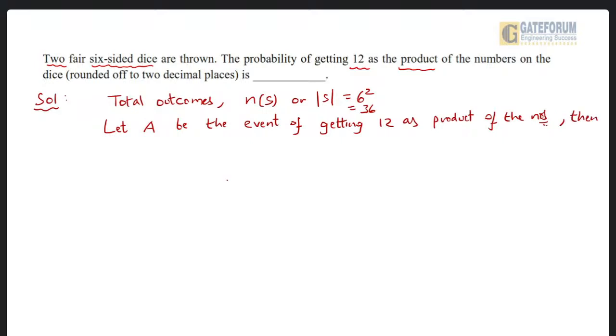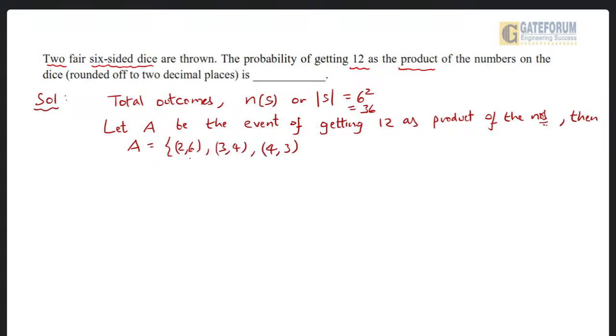Then A is equal to: we have the faces where the product of the numbers is 12. One die 1, other die 12, but the maximum is 6 only, 1 2 3 4 5 6, so 1, 12 is not possible. 2, 6: 2 into 6 is 12. 3, 4: 3 into 4 is 12. 4, 3 is also an outcome.